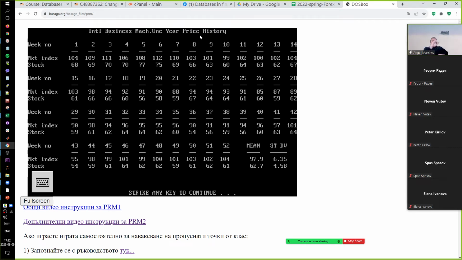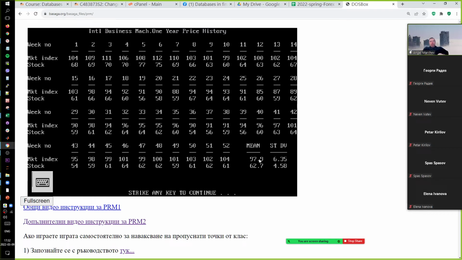This is the IBM. And we are literally looking at the time series of both prices, the stock price of the IBM and the aggregate price of the whole market index. And we can see at the end some additional aggregation.